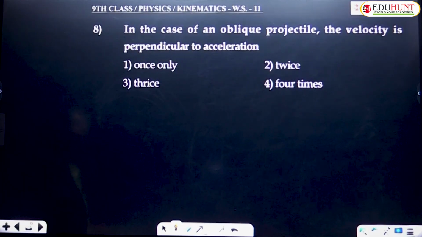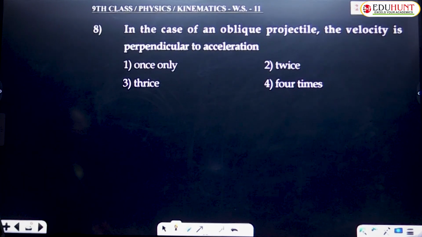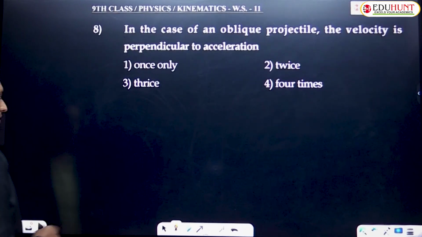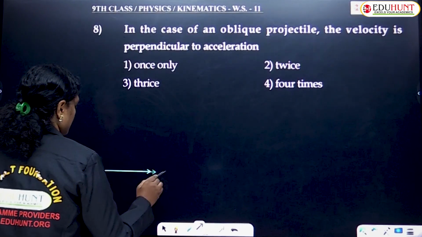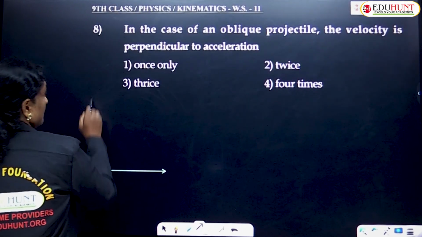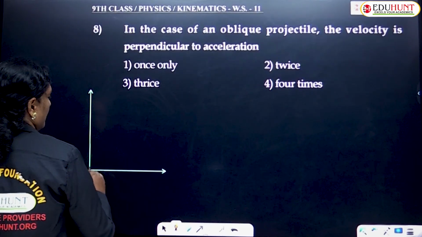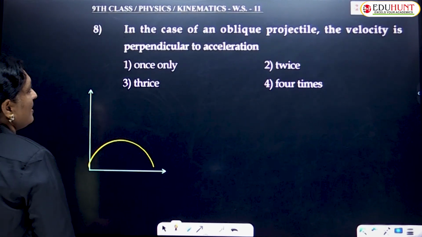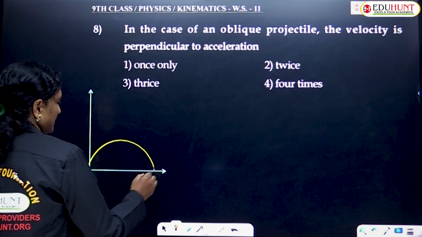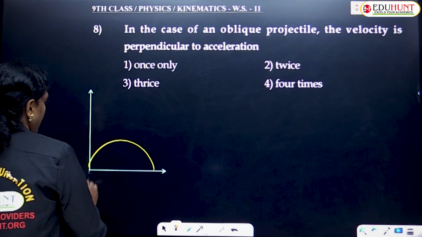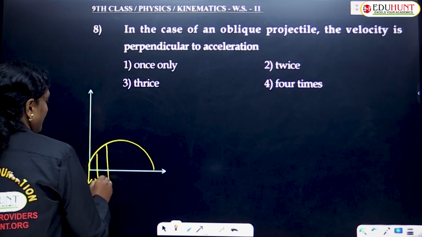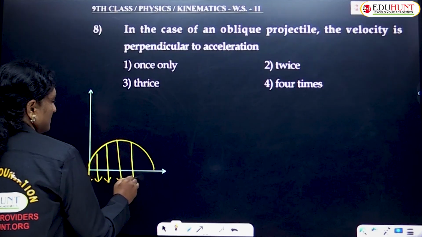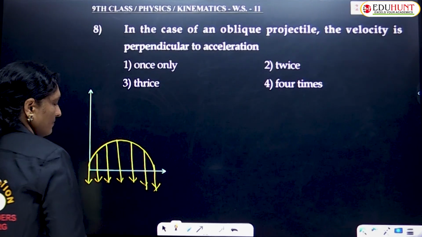Next, in the case of an oblique projectile, the velocity is perpendicular to acceleration. What is this? We know that acceleration always acts downwards. Yes or no?